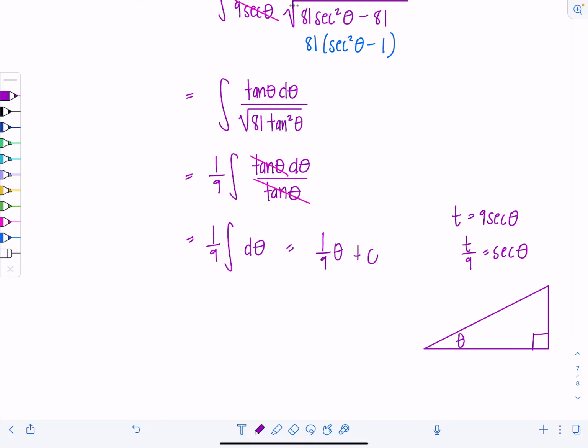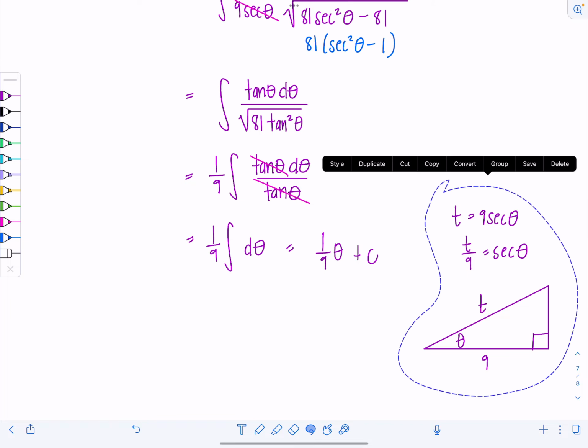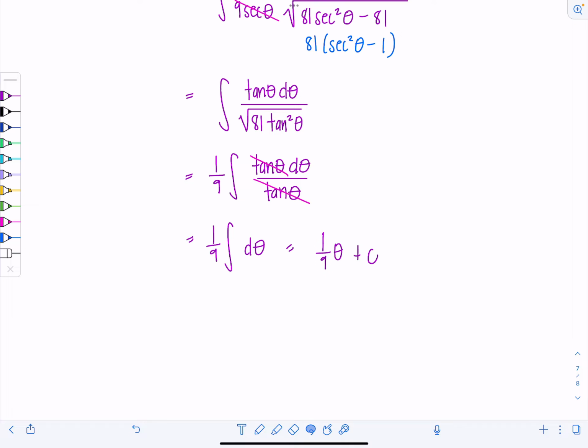So secant is the ratio of the hypotenuse over the adjacent side. And the missing, oh, we don't even need to do that. We can just say, since t equals 9 secant theta, t over 9 is equal to secant theta.